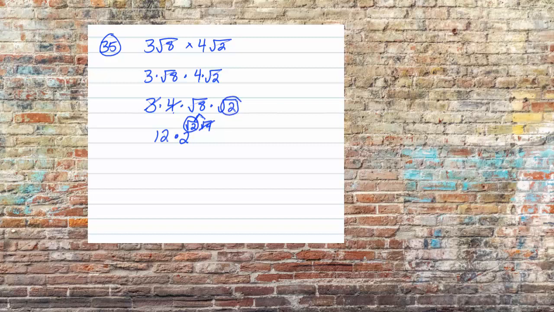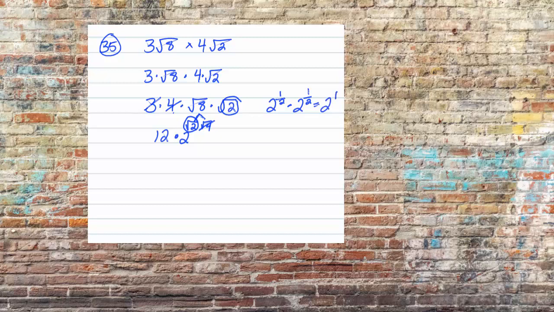Now just an aside, let's remember what that means. That means 2 to the 1/2 power times 2 to the 1/2 power. And our product rule tells us that when we have the same base, which we do, we can add the powers together. So that would equal 2 to the 1st power.